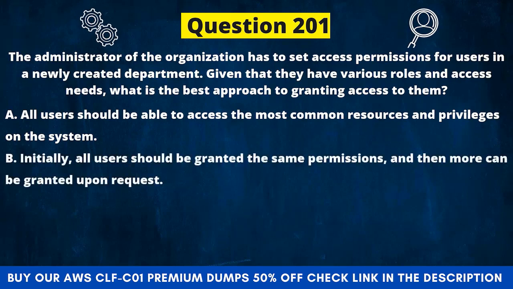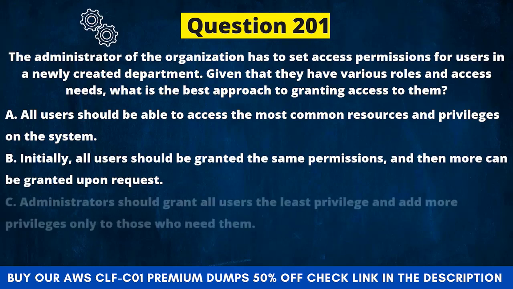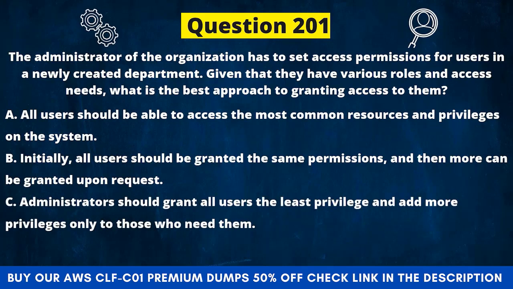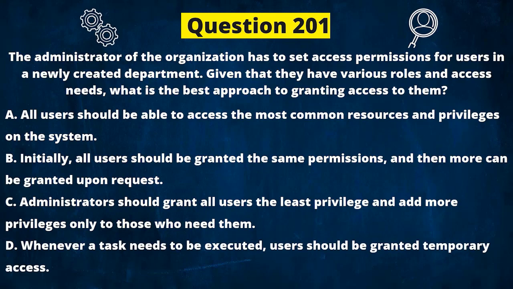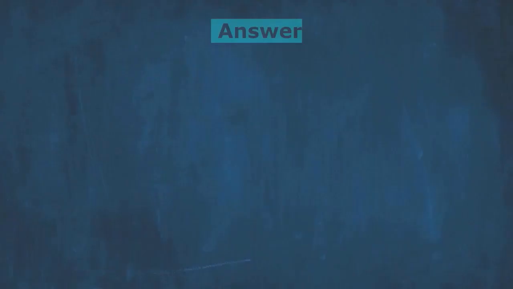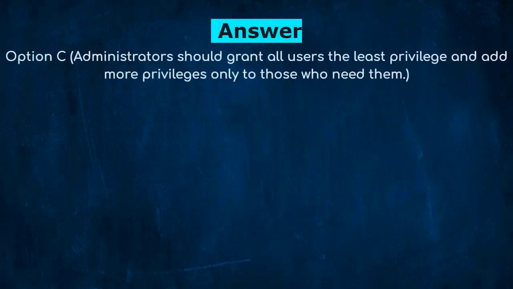B. Initially, all users should be granted the same permissions and then more can be granted upon request. C. Administrators should grant all users the least privilege and add more privileges only to those who need them. D. Whenever a task needs to be executed, users should be granted temporary access. And the correct answer is option C.